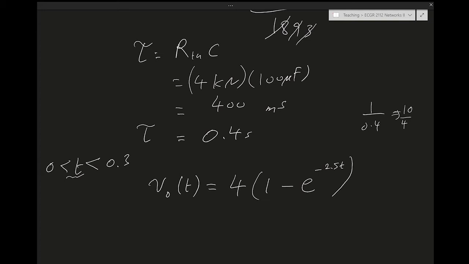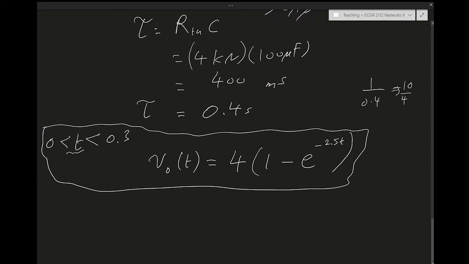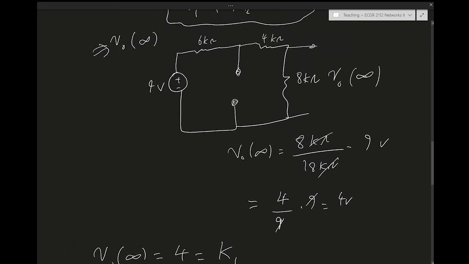Now, this is for t within this region. Now we want to solve for t larger than 0.3, the point where the second transient happens. And to do that, we need, actually, I think I said we don't care about the capacitor voltage.